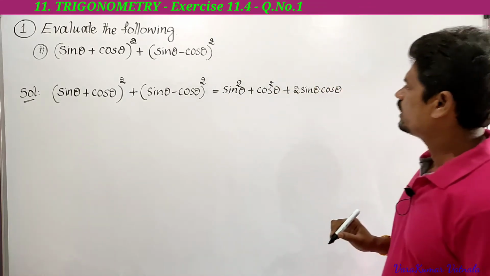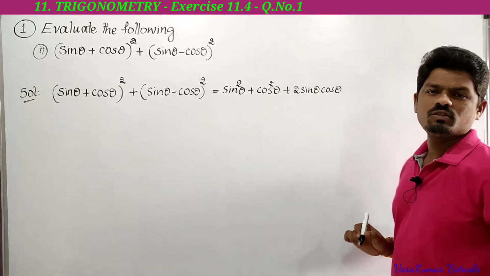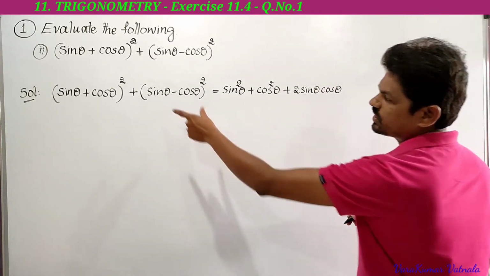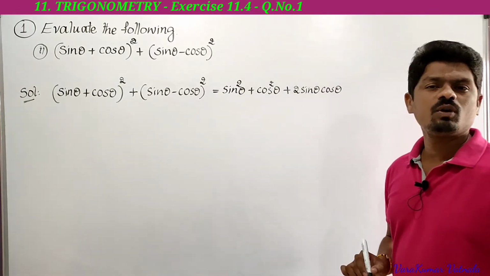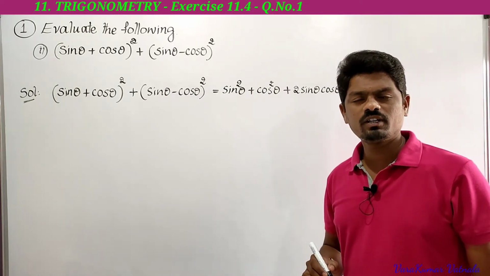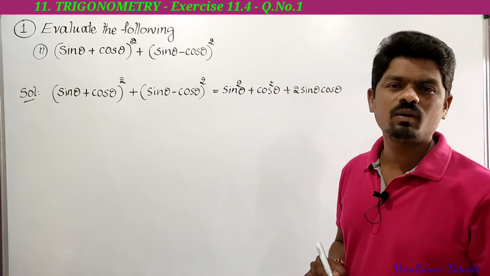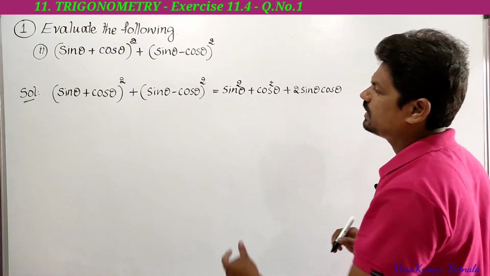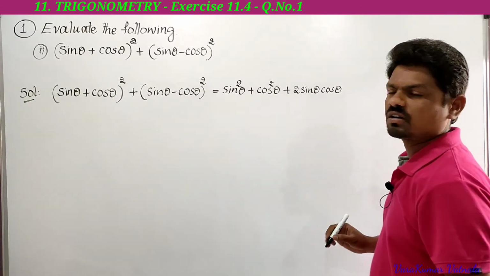So here we have used the a plus b whole square formula. So the second one is in the form a minus b whole square. So we have a minus b whole square equal to a square plus b square minus 2ab. Here a is sin theta, b is cos theta.